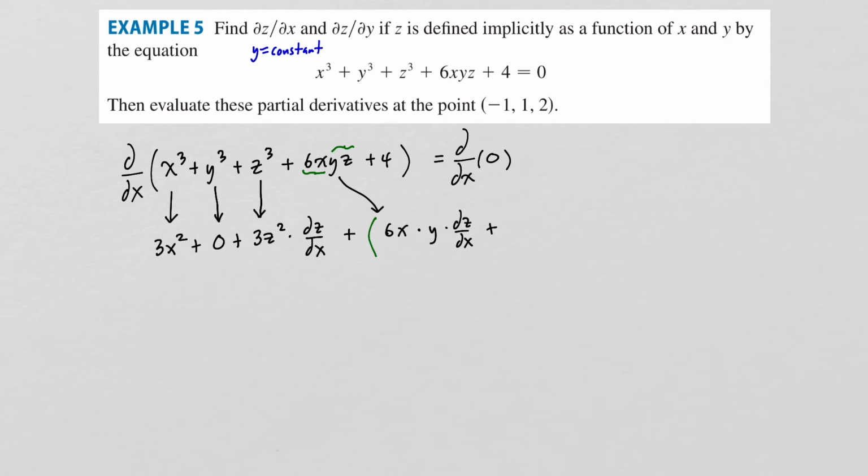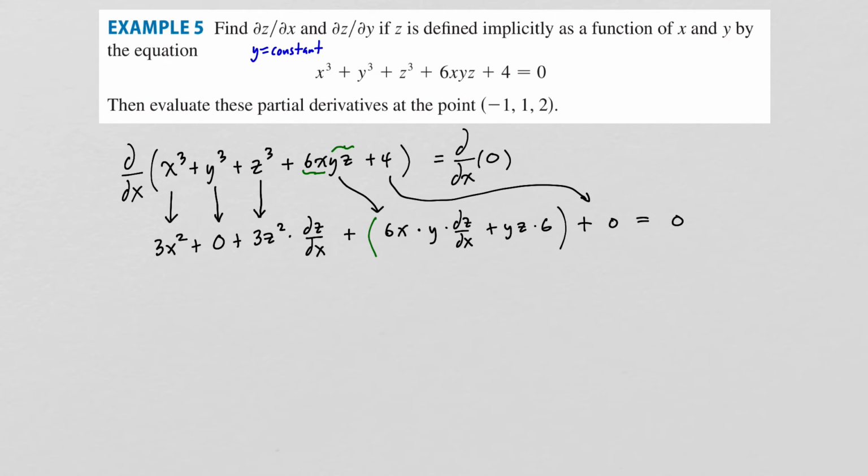Plus, now I'm going to take the second function, which is yz, and I'm going to multiply it by the derivative of 6x. The derivative of 6x with respect to x is 6. Plus, the derivative of 4 is 0. And the derivative of 0 on the other side is 0.